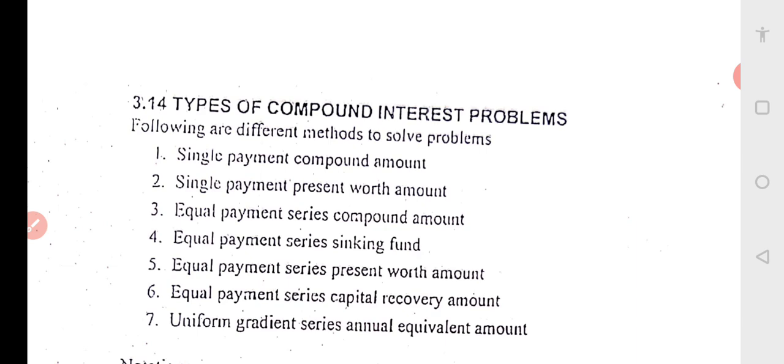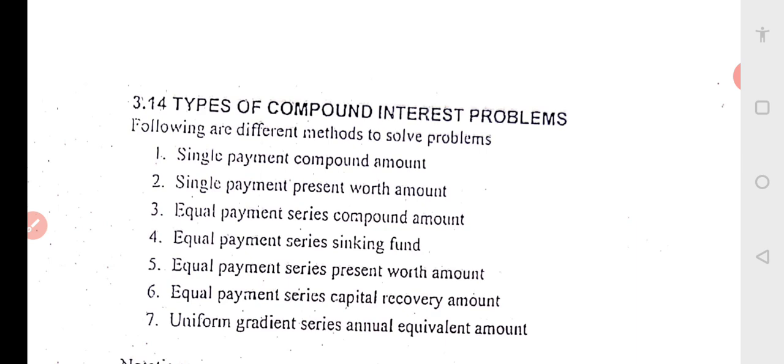In this chapter, in the subsequent classes, for each method I will state the problem, state the formula, and solve the problem. And the next module is a very important module for engineers.